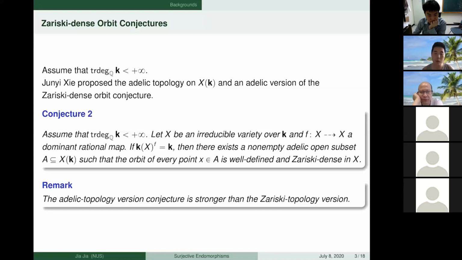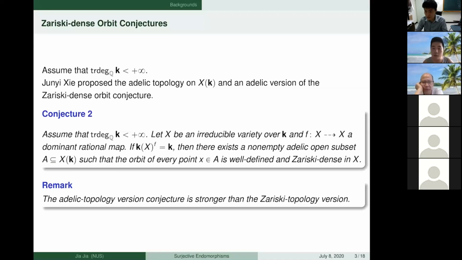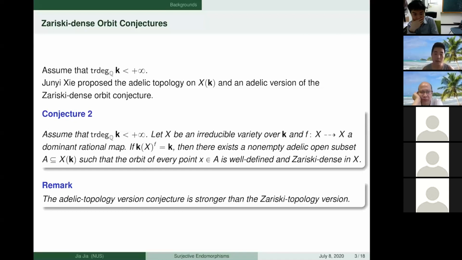As before, we assume the F-invariant rational functions are just constants on X. Then there exists a non-empty adelic open subset A, such that for every point x in A, its forward orbit is well defined and Zariski dense. Note we also want the orbit to be Zariski dense, not adelic dense.